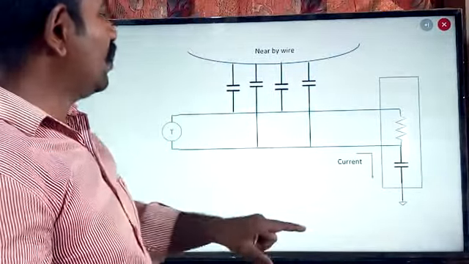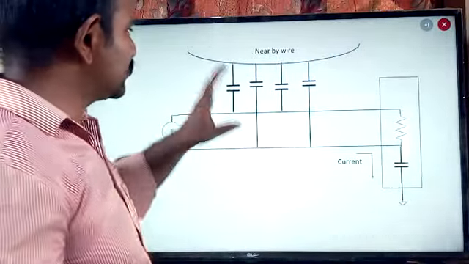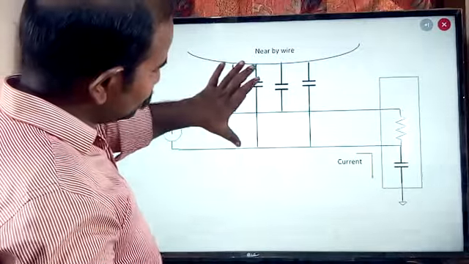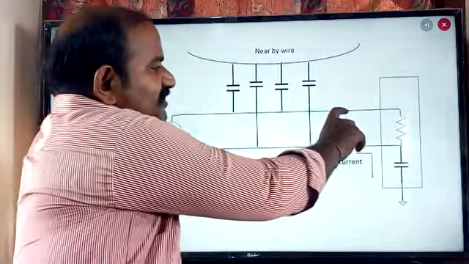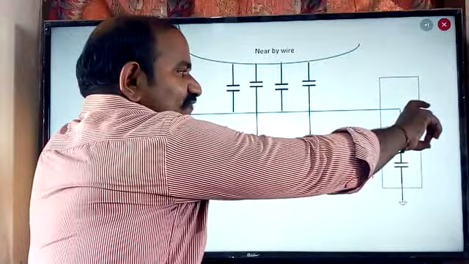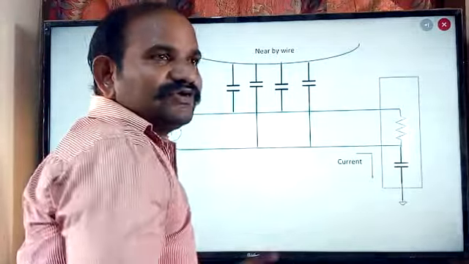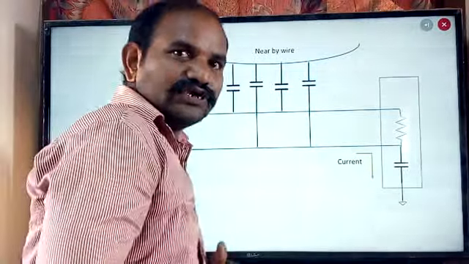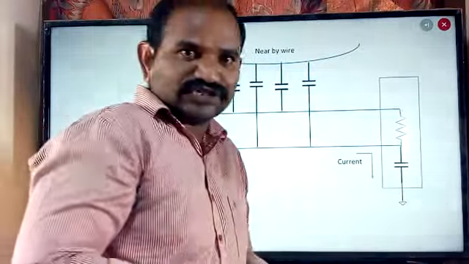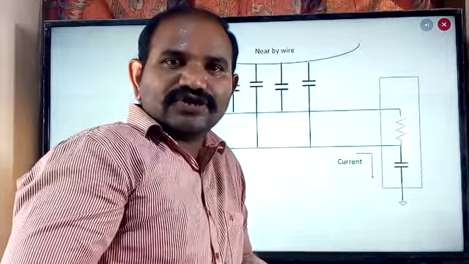When the noise is introduced into this system, as we know, this information is given as an input to the instrumentation amplifier. The instrumentation amplifier has the common mode rejection ratio.